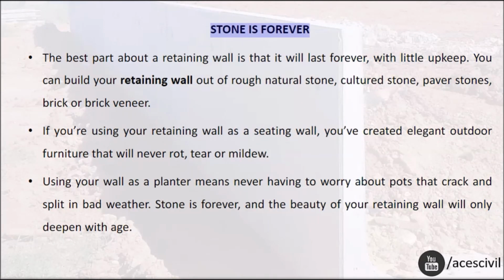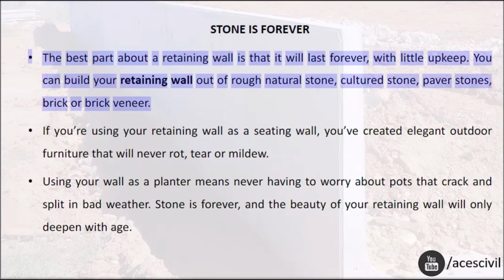Stone is forever. The best part about a retaining wall is that it will last forever, with little upkeep. You can build your retaining wall out of rough natural stone, cultured stone, paver stones, brick, or brick veneer.